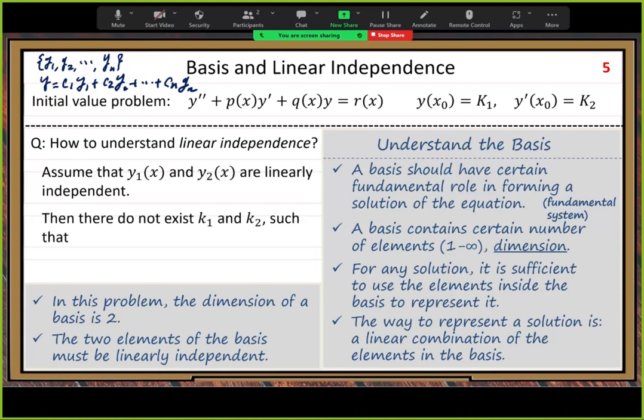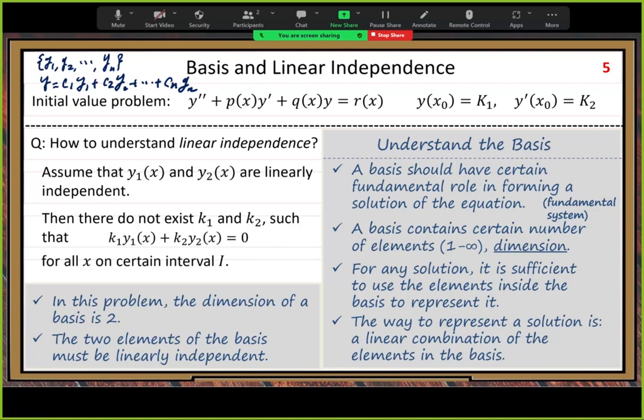That means there do not exist 2 constants k1, k2 such that the linear combination k1 times y1 plus k2 times y2, a linear combination of y1, y2, equals the 0 function. Here, equals 0 means equals 0 as a function.